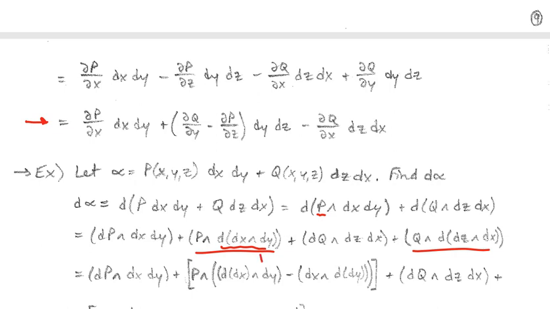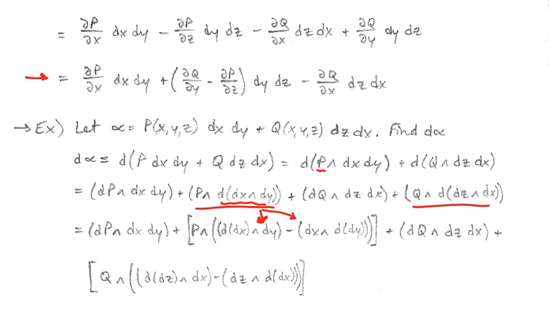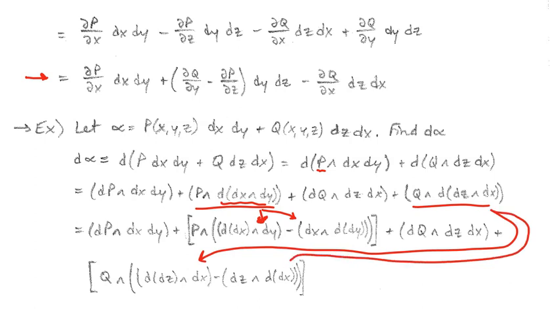So this one thing gives us these two terms here. And by a similar fashion, q times d of dz times dx gives us these two terms here. That d of dz times dx is going to be d of dz times dx minus dz times d of dx.